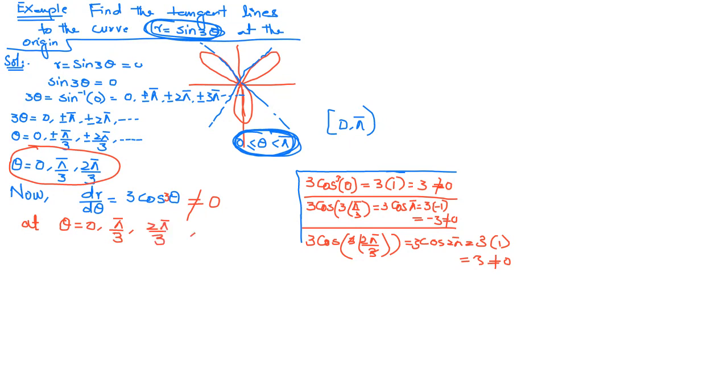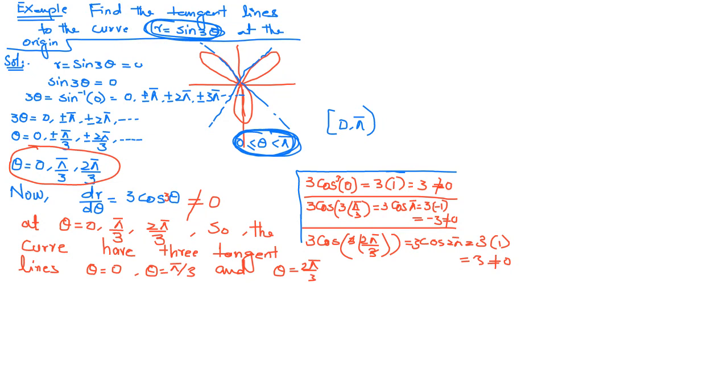So the curve has 3 tangent lines at the origin. One is theta equal to 0, one is theta equal to pi by 3, and the third one is theta equal to 2 pi by 3. Is this clear? Is this okay? At the origin. Understand? Yes or no?